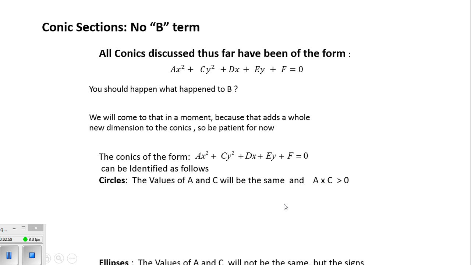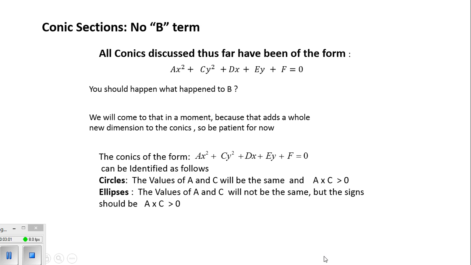A times C is always greater than 0. Ellipses are going to look very similar to the equations of the circle. Again, these are without the B term. For ellipses, the product of A and C is also going to be greater than 0, but the A and C terms will be different.